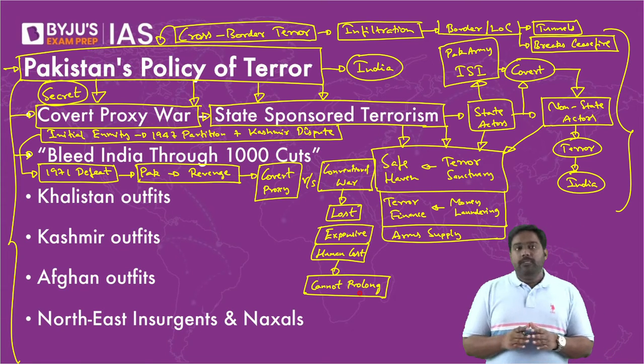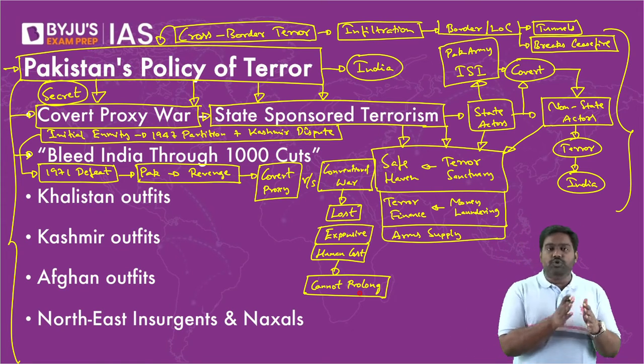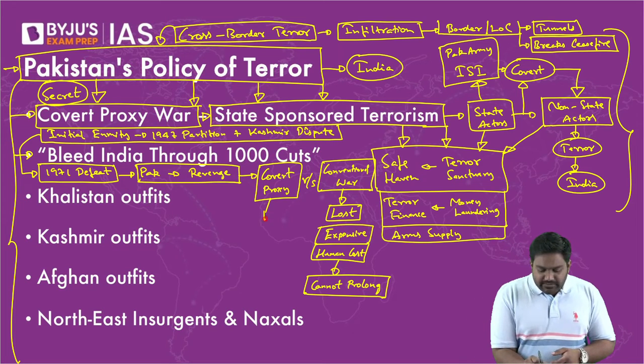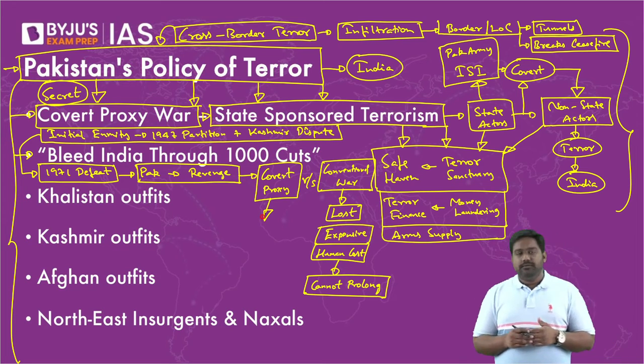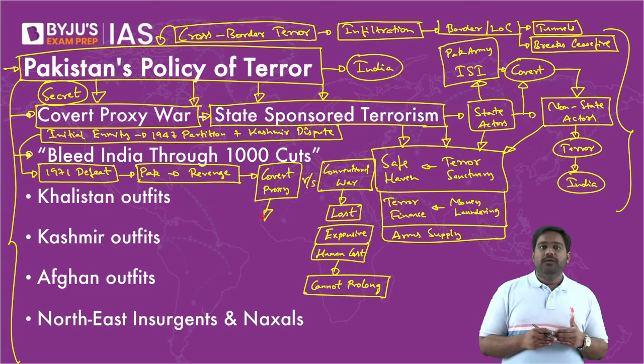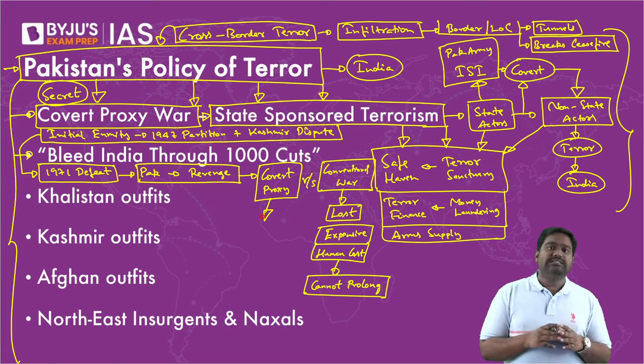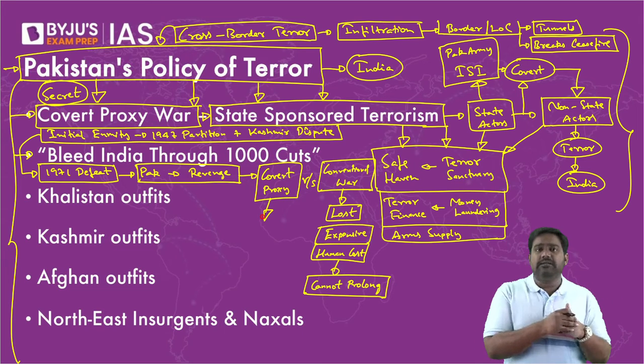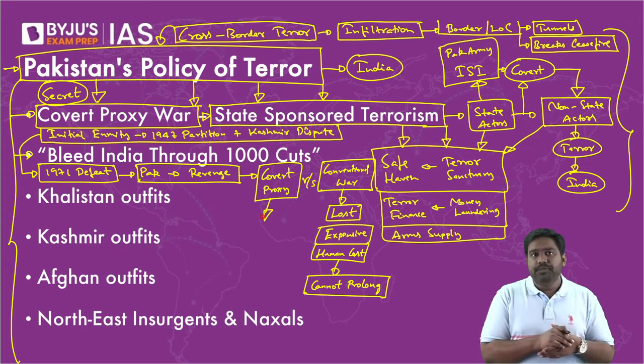So instead, Pakistan realized the advantage of covert proxy war. All right? Its involvement in Afghanistan, starting from 1979, taught Pakistan a very valuable lesson. In 1979, Soviet troops had invaded Afghanistan, they occupied Afghanistan during the Cold War period.